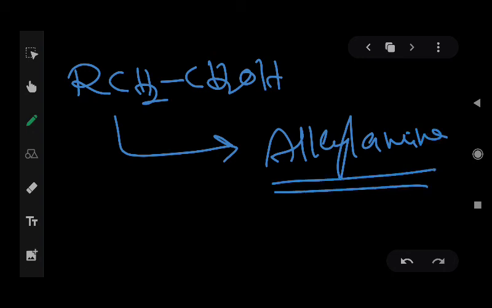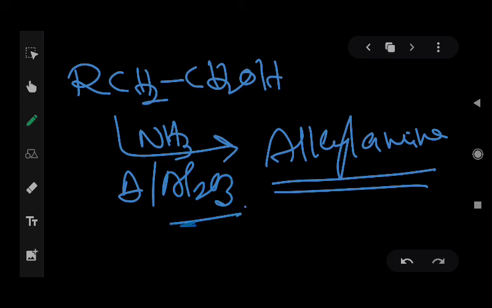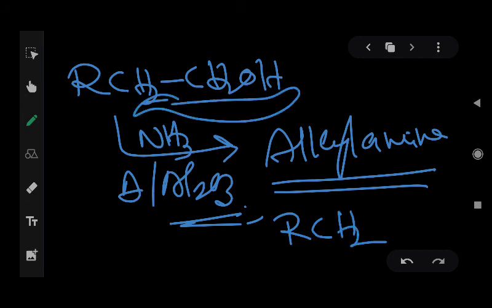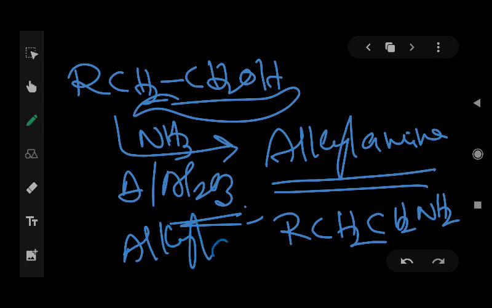This is another process, in presence of NH3 along with aluminum oxide, Al2O3. What we are doing is removing water and substituting an NH2 group. The NH2 group is nothing but an alkyl amine.